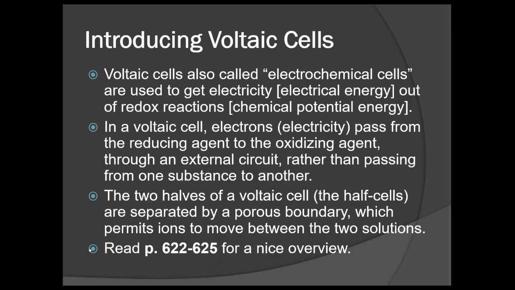We know that a redox reaction involves a reduction and an oxidation, which involves a transfer of electrons from the thing being oxidized, or losing electrons, to the thing being reduced, or gaining electrons. In a voltaic cell, electrons, or electricity, pass from the reducing agent to the oxidizing agent.